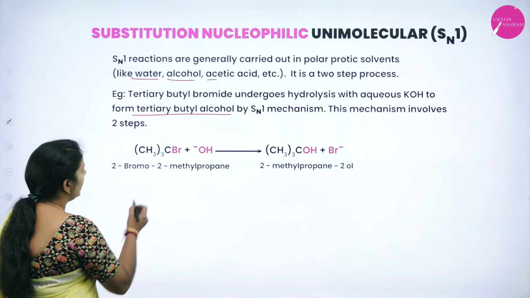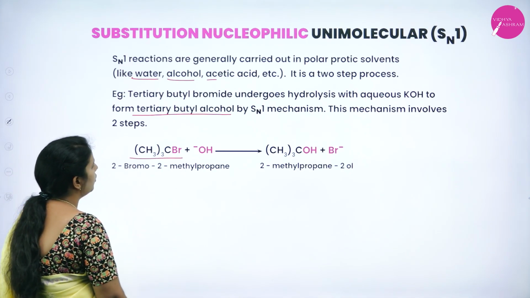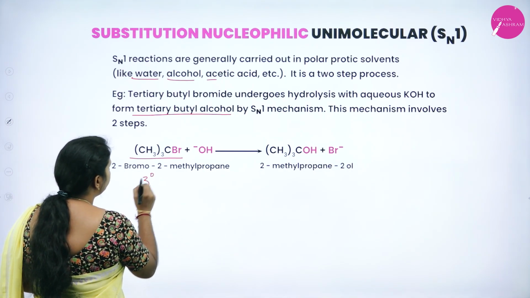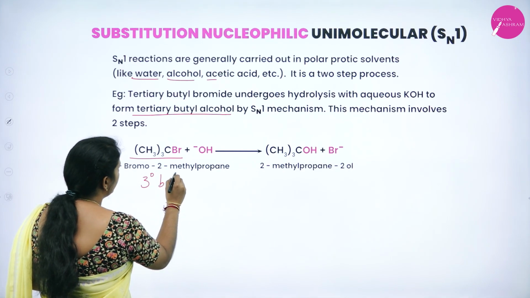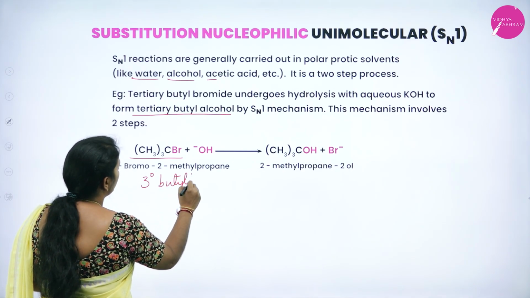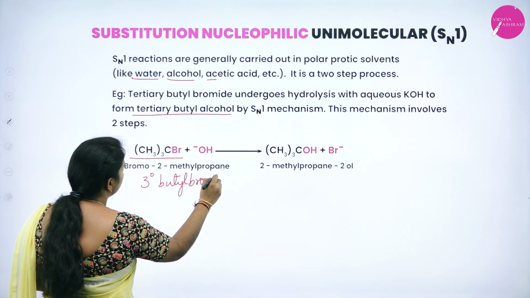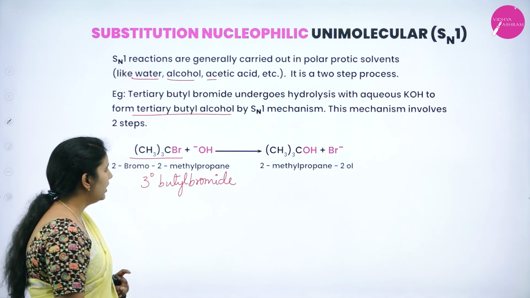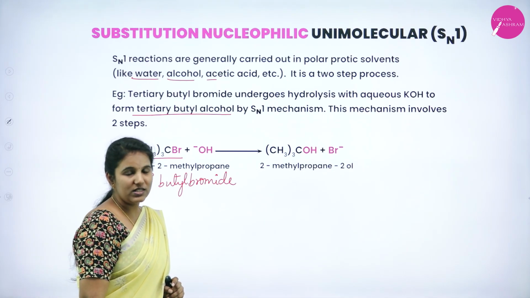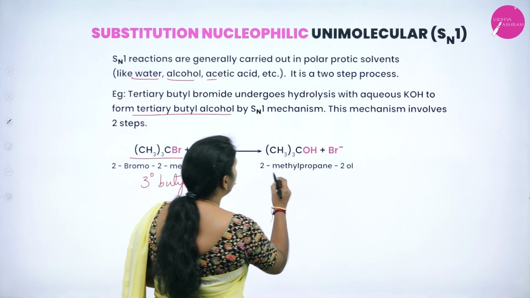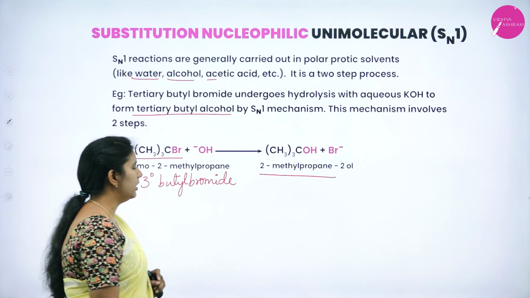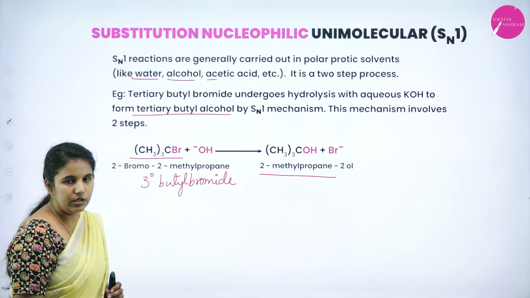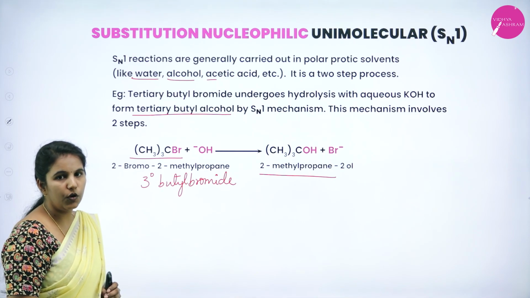Here we have 2-bromo 2-methyl propane, which is nothing but tertiary butyl bromide, which undergoes hydrolysis with aqueous KOH to form tertiary butyl alcohol. These reactions are known as substitution nucleophilic unimolecular reactions.